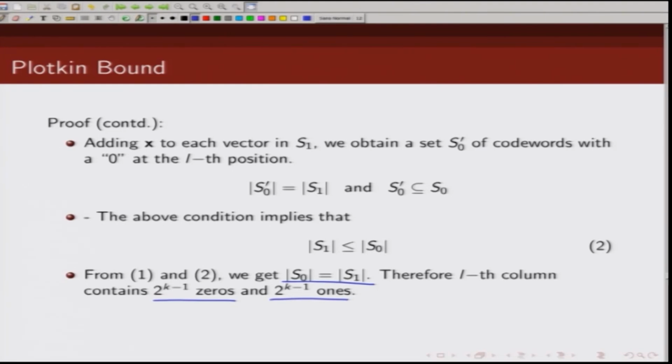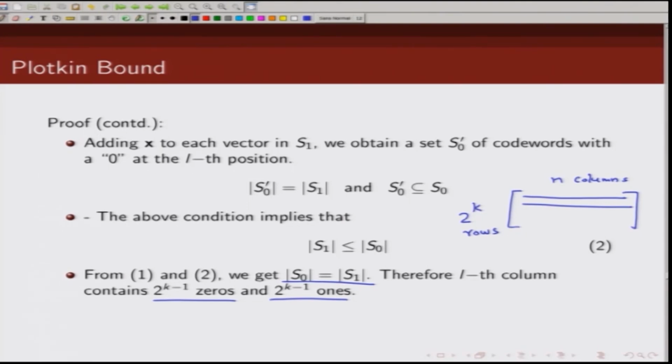And how many such columns are there? We are talking about a code array. These are all code words, and each one of them is n bits. So we have a total of n columns and we have 2 raised to power k rows.